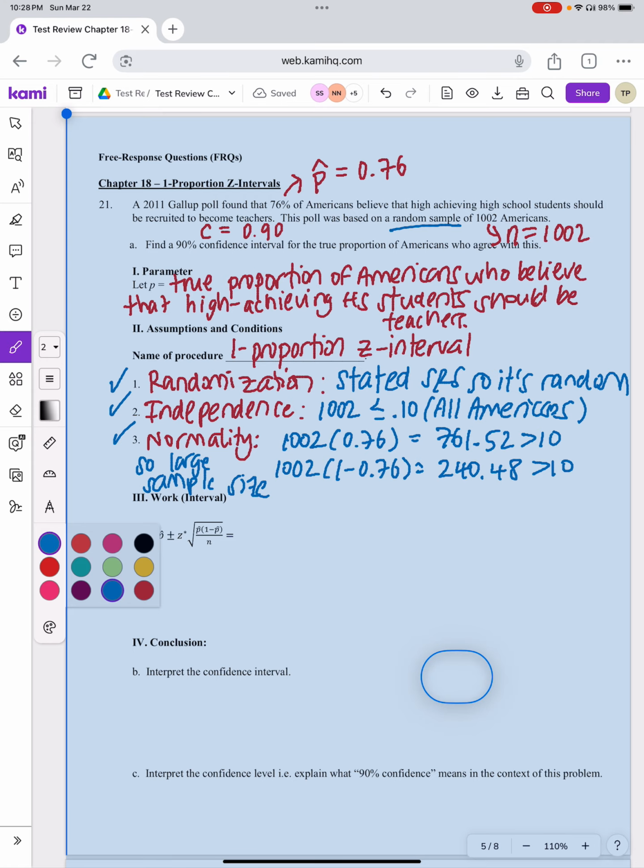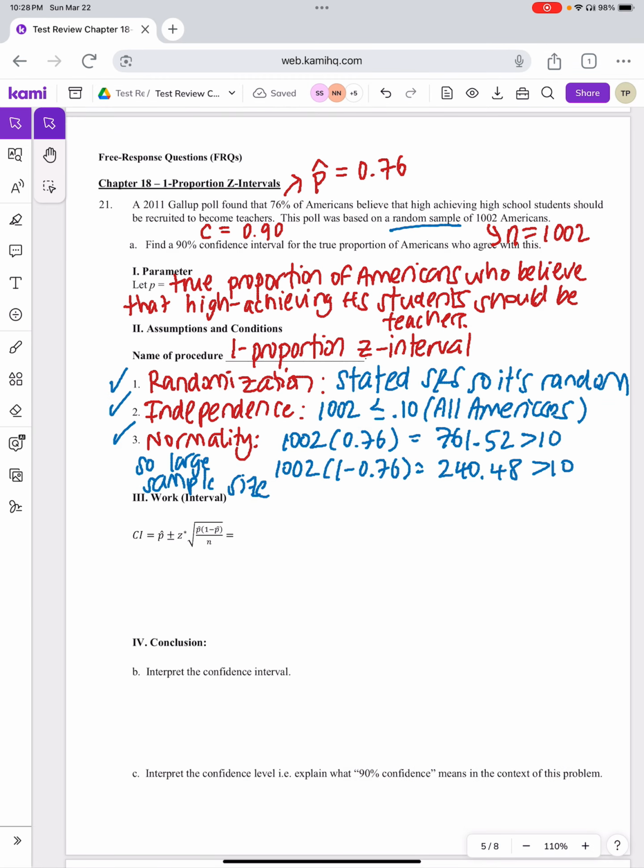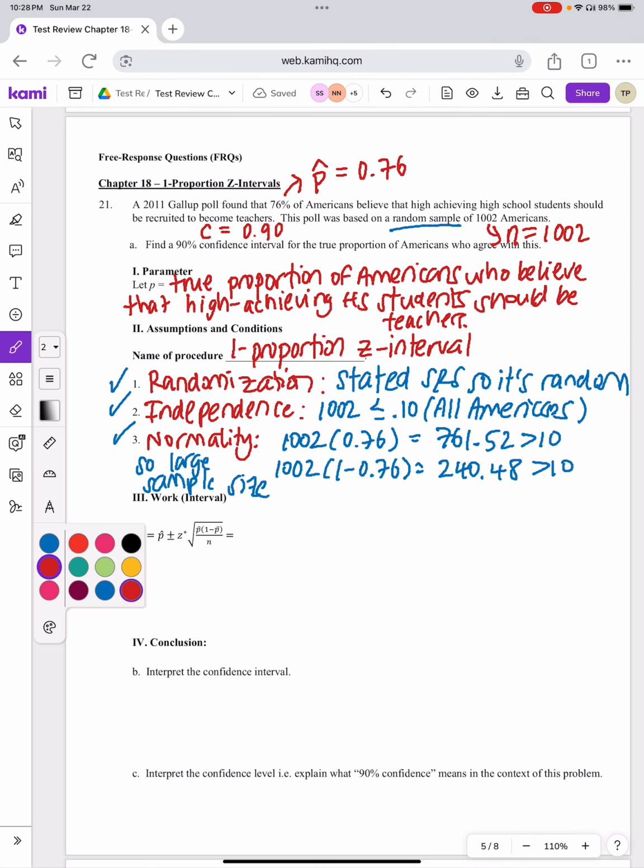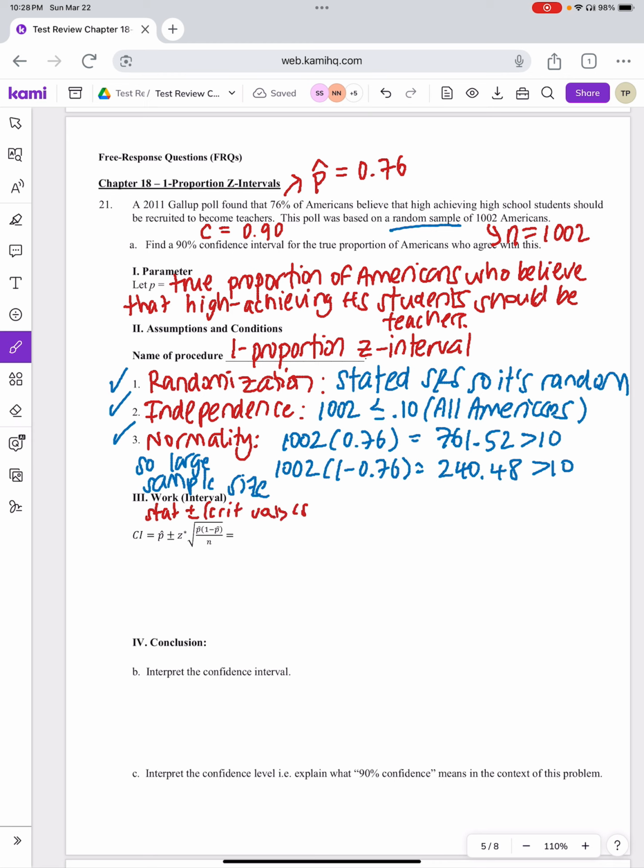Okay. So then for our work, we need to show the work for the confidence interval. The confidence interval is always your statistic plus or minus your critical value times your standard error. The critical value is dependent upon your confidence level.